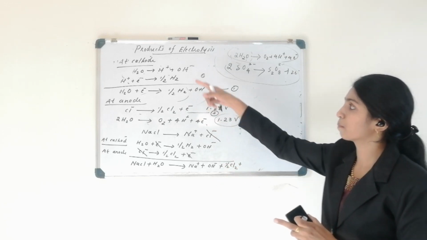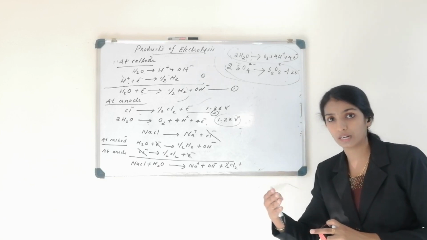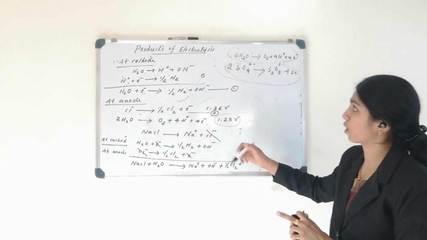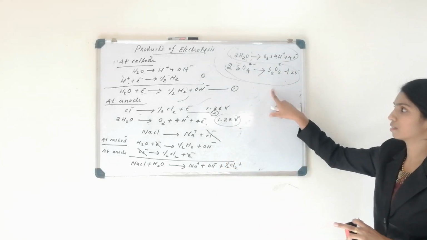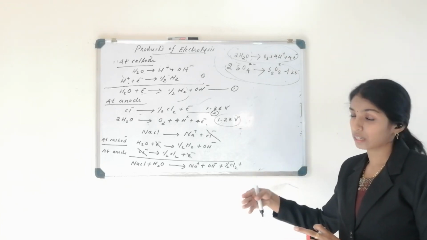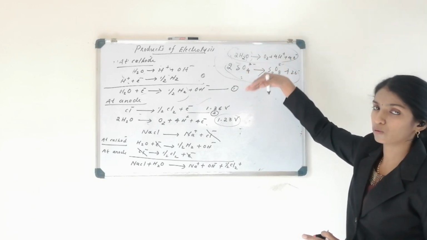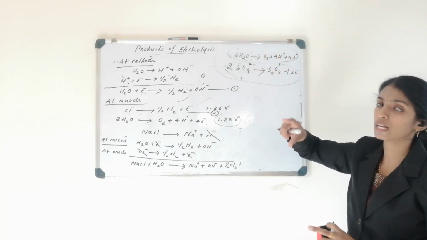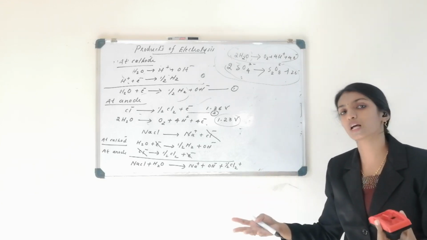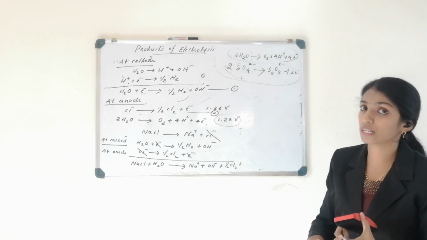You have to study the products of electrolysis in the case of molten sodium chloride and aqueous sodium chloride in your NCERT textbook. Okay, you just remember the products obtained during the electrolysis of sulfuric acid. At the anode, two possible reactions. Anode is a positively charged electrode, so the ions that move towards the anode are negatively charged ions. In the case of an aqueous solution of sulfuric acid, the negatively charged ions are OH minus ions and sulfate ion.